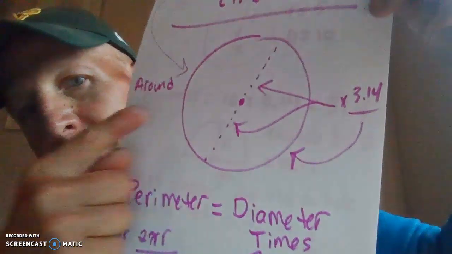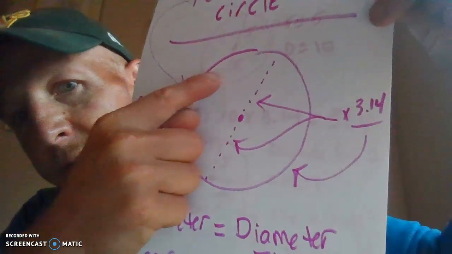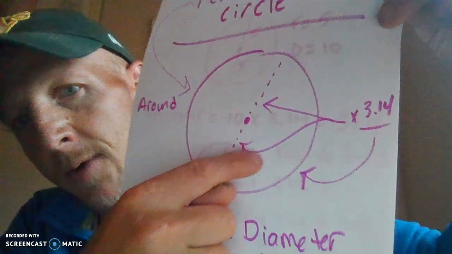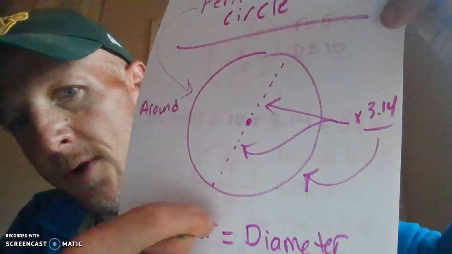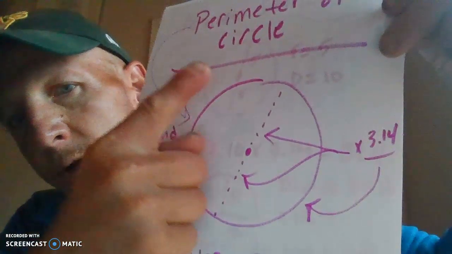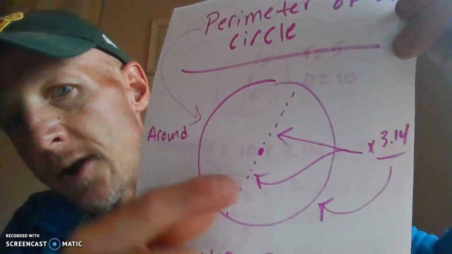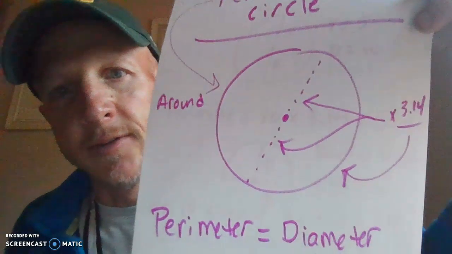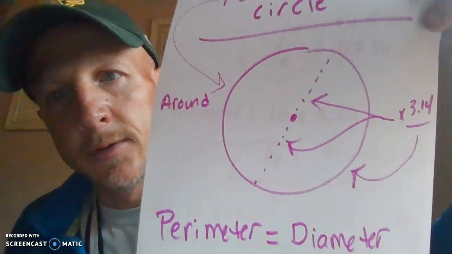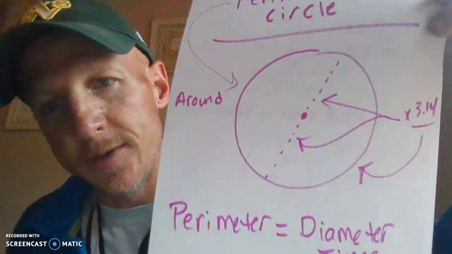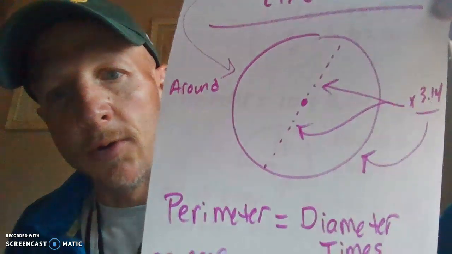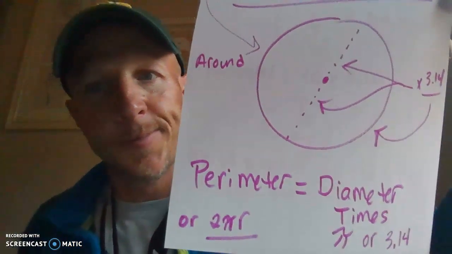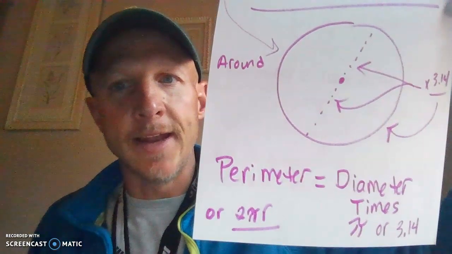Again, if I could lift off this diameter here and wrap it around this circle, it'd go around 3 full times, 1, 2, 3, and there would be a tiny little bit left, 0.14. Whether that circle was the size of the moon or the size of a pinhead, the diameter would go around it 3.14 times. Okay? So that's how we find the perimeter of a circle.